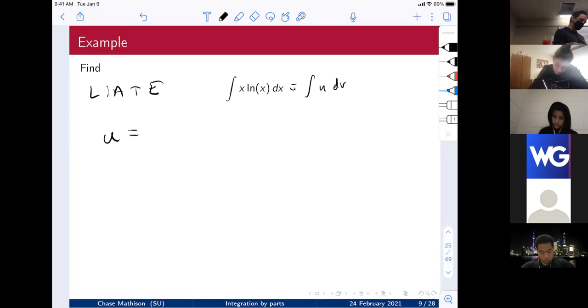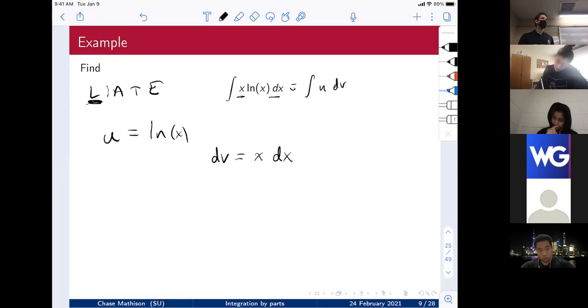Exactly right. The furthest left is the natural log, right? That means dv should be everything else, x dx. When you're done choosing what u and dv should be, there should be nothing left to pick from. There should be no leftover stuff in the integral, okay? u and dv have to account for everything.